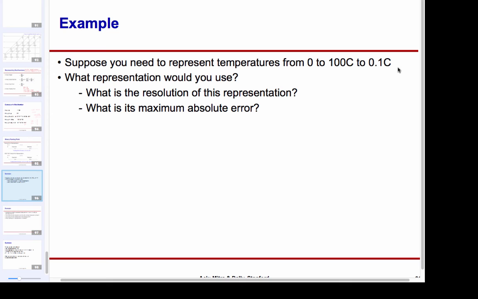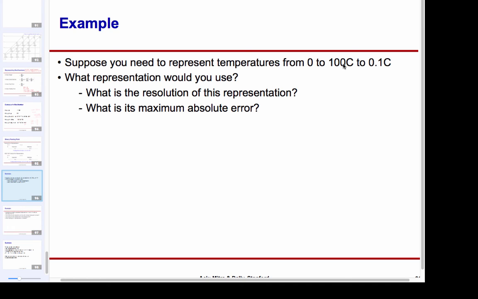If we were to think in terms of binary, since we want 0.1 degree C, that means I need to be able to represent 1 over 10. Now 1 over 2, 1 over 4, 1 over 8 are still powers of 2. I need to go to 1 over 16. So I will need 4 bits to the right of the fractional point. And to the left, I need to represent up to 100, which means I need 7 bits.